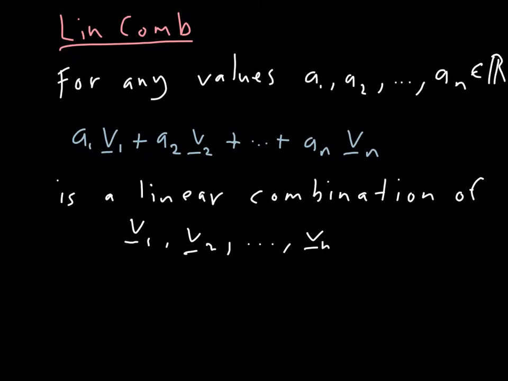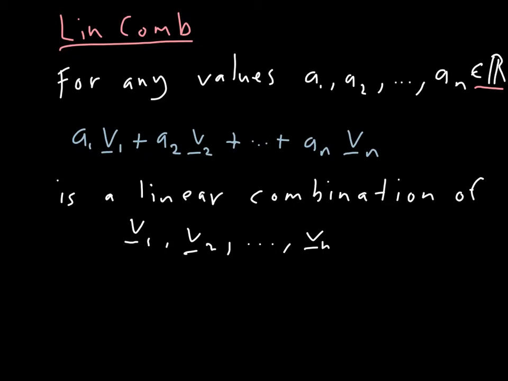So we might want to define what a linear combination is. For any values a1, a2 up to an, and we write this as the elements are real, which just means any value. So it could be -1, it could be +2, it could be pi, any of those numbers.